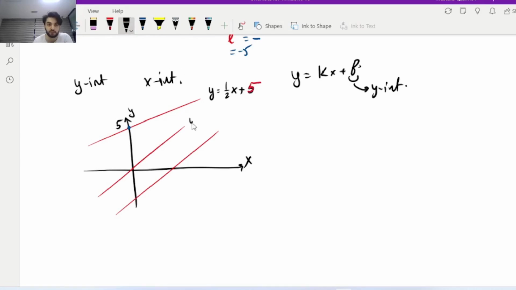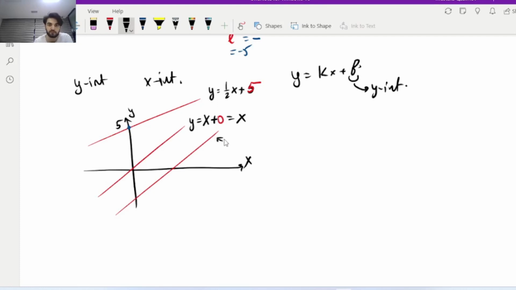Let's say this one is y is equal to 1x plus, this one is origin, so y is equal to 0 here. That's why we have to write here 0, and it will be equal to only x. So when it passes through origin, there is no b. B is equal to 0.